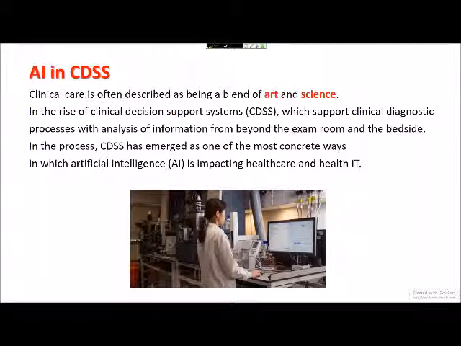In the process, CDSS has emerged as one of the most concrete ways in which artificial intelligence is impacting healthcare and health IT.